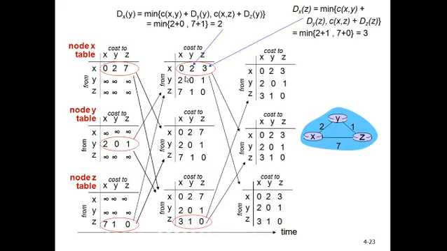But you can see with X, it was earlier 027 in the first step, in the second step it's 023, and for Z, earlier it was 710 in the first step, and in the second step it is 310. So these two nodes have to share the information with their neighbors again. X will share its information with Y and Z, and Z will share its information with Y and X.